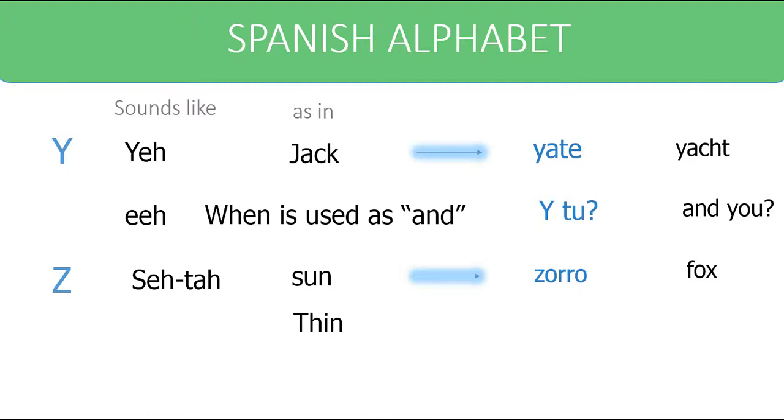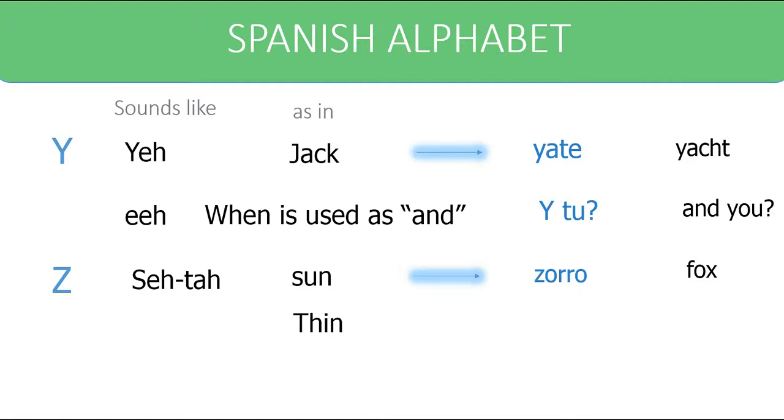For example, if you want to say "and you," you say "y tú" using the letter Y. But if you see letter Y in a word, it is pronounced as in "jack," like "yate." Only when it is used as "and" will it sound like "e."